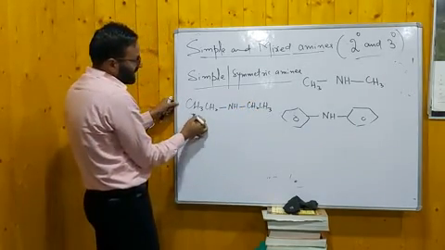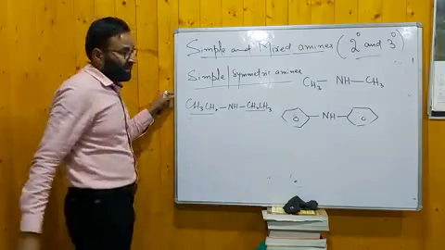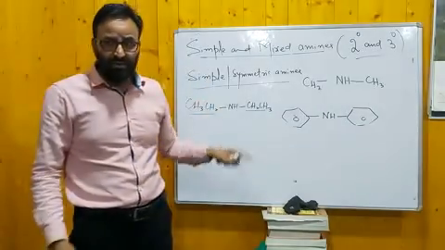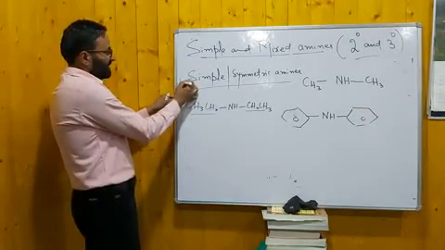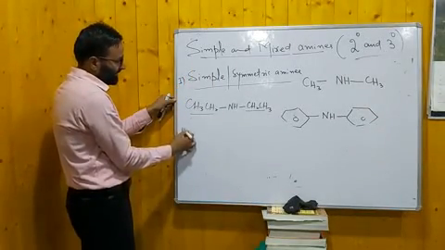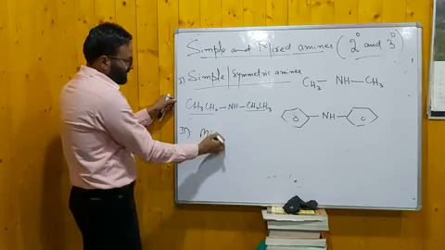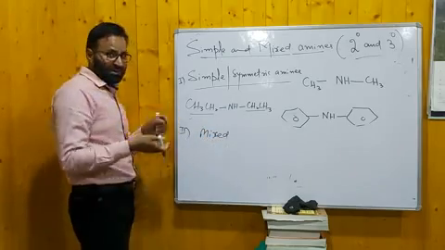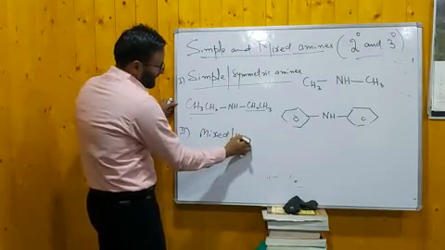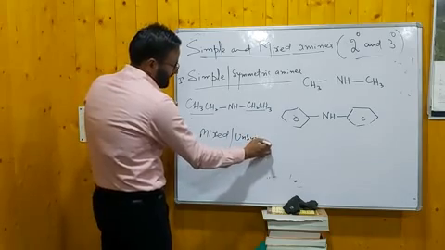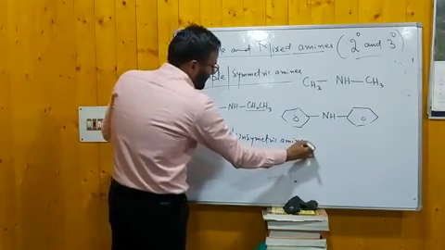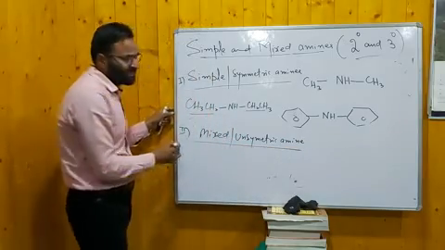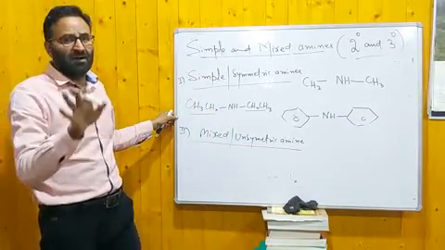When both the R groups are similar, at that time it is known as simple, or symmetric, amine. We have the second type, mixed amine. It is the counterpart, the opposite type, mixed or unsymmetric amine. How can you define this type? Simple: when the R groups are different.